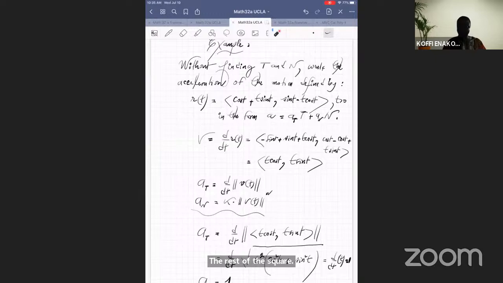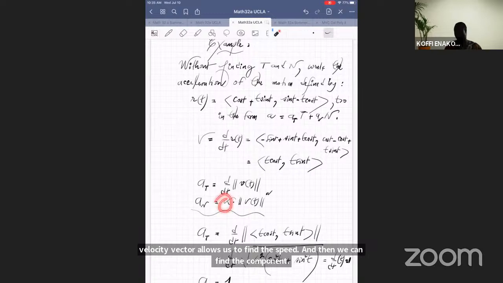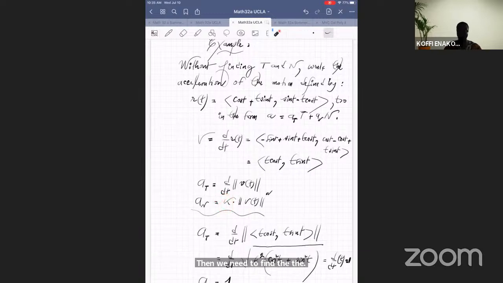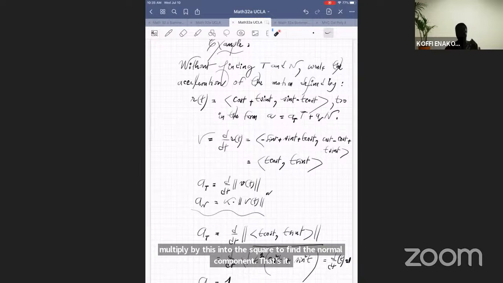The motion is given by (cosine t + t sine t, sine t minus t cosine t), for positive t, and you can graph it to see how it looks. We can first find the velocity vector, which allows us to find the speed, and then the tangential component. Then we need to find the curvature, which we multiply by the speed squared to find the normal component. So we have three tasks to complete.